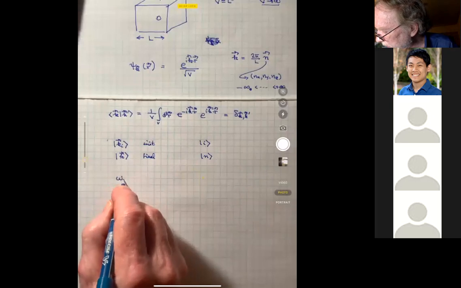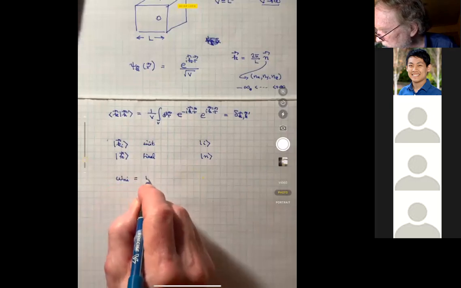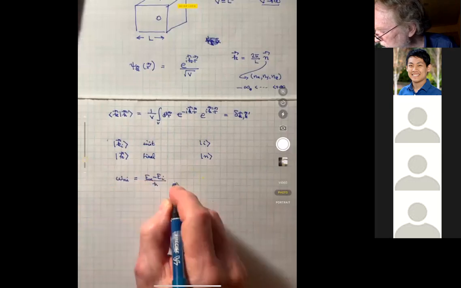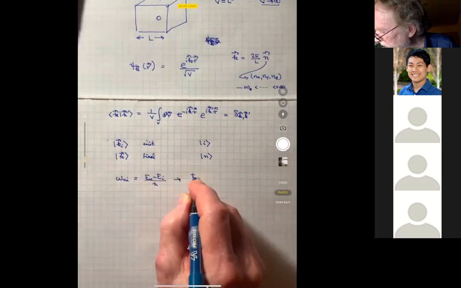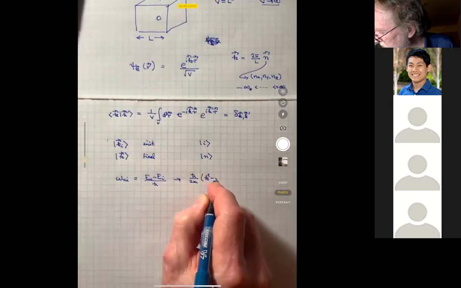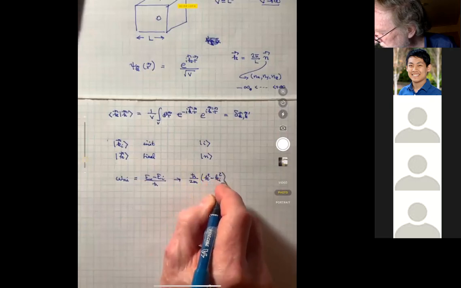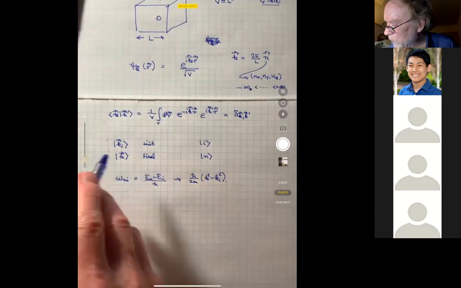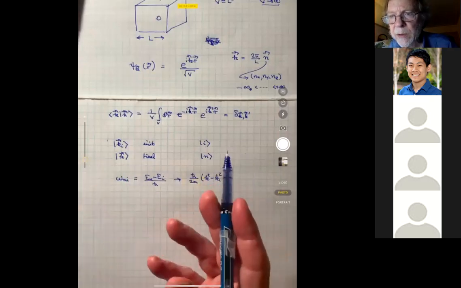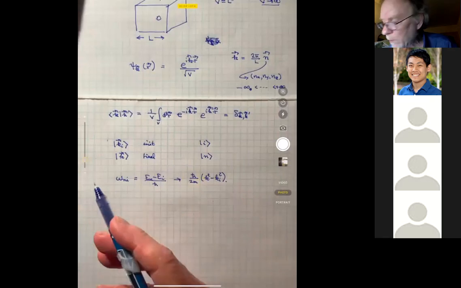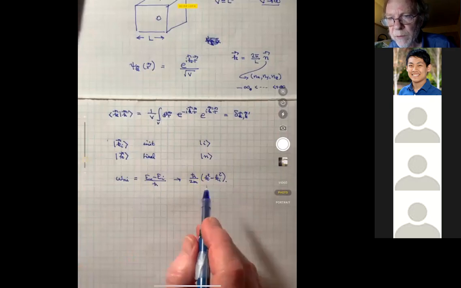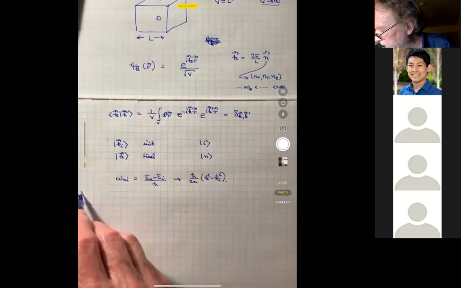This means that omega_ni, which is equal to (E_n minus E_i) over h bar, goes over into h bar over 2m times (k squared minus k_i squared). This is just a sequence of changes of notation for this problem to adapt the general formalism to this problem. And the omega_ni must be understood to be equal to this for the applications of this problem.